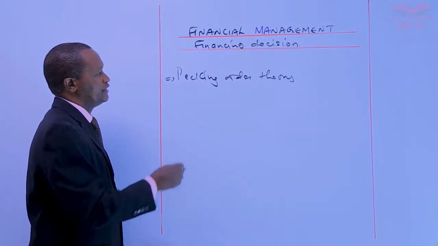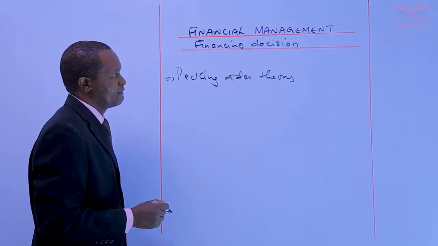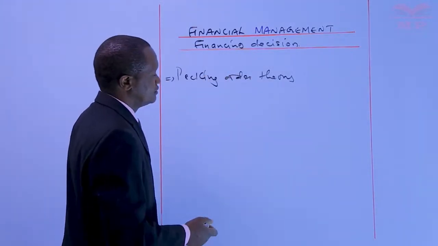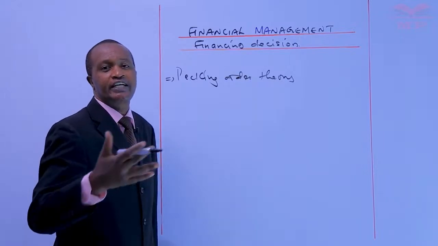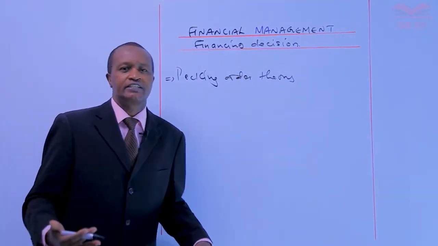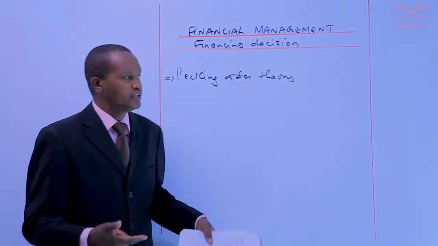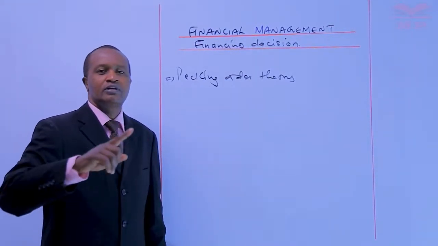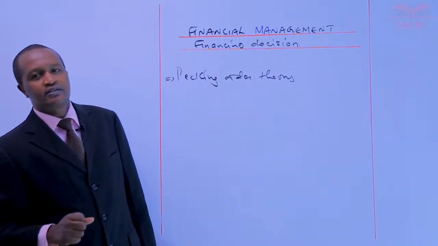The firm should avoid external financing like debt if the firm can make use of, say, retained earnings, internally generated financing. If the firm can raise money internally under pecking order, the firm should avoid external financing.